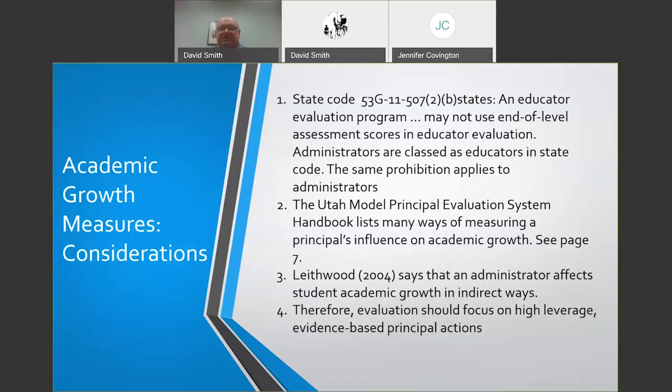A principal does not have direct influence on student academic growth. That's what teachers do. Administrators have indirect effects. So when we started looking at that in the model evaluation handbook, we listed many different ways of measuring a principal's influence on academic growth.